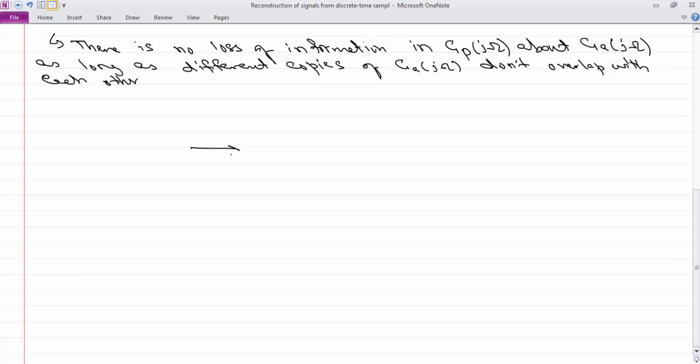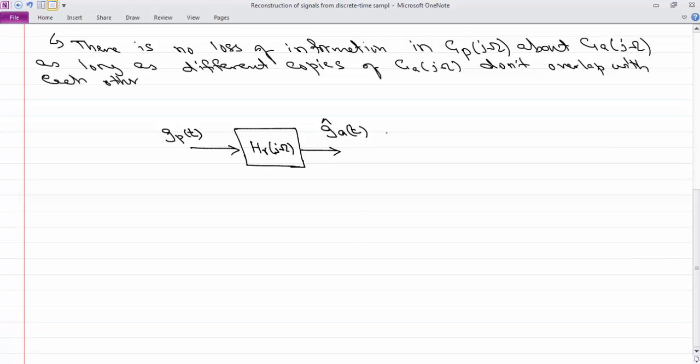So if we are doing a block diagram, what it says is we take our impulse sampled signal and pass it through a low pass filter H_R of j omega, and we'll get back g hat A of t.